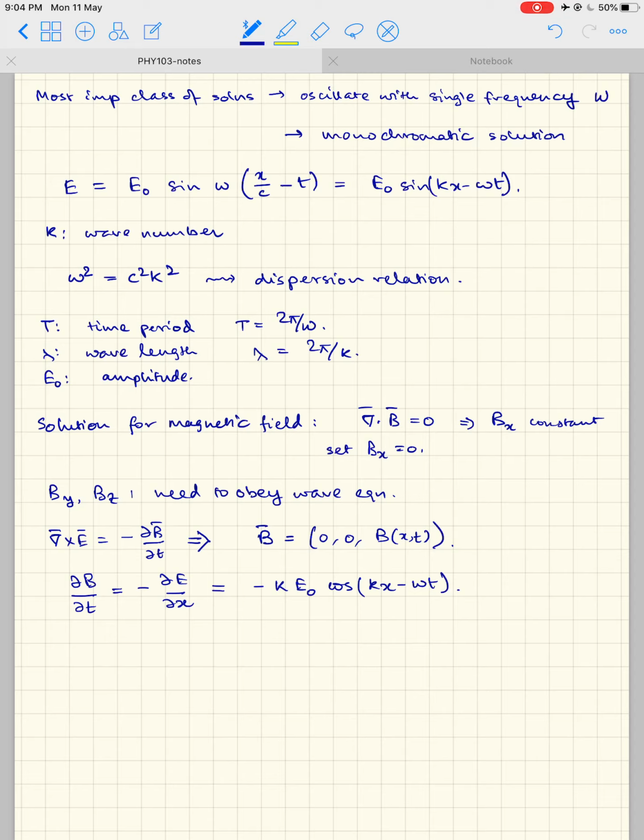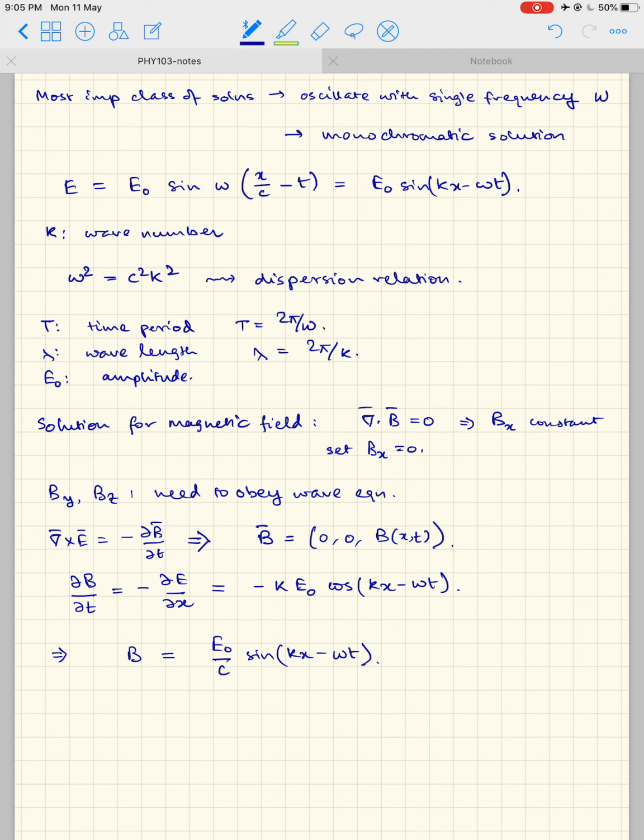If that's del B del t, then what we have is B has to be equal to E naught over c into sine of kx minus omega t. One has to remember that we have put in the dispersion relation here to simplify this last equation.